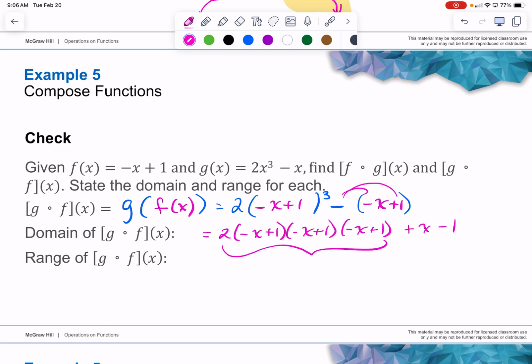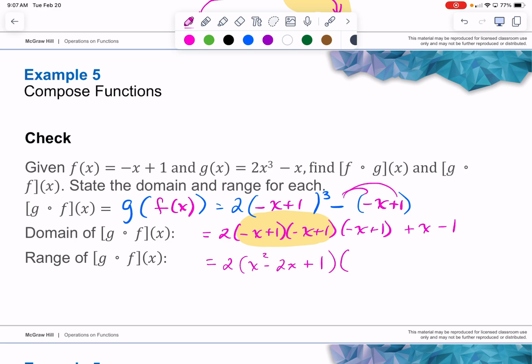Okay, so we're going to take these first 2 parentheses and multiply them together. And that will give me an x squared minus 2x plus 1. Okay?